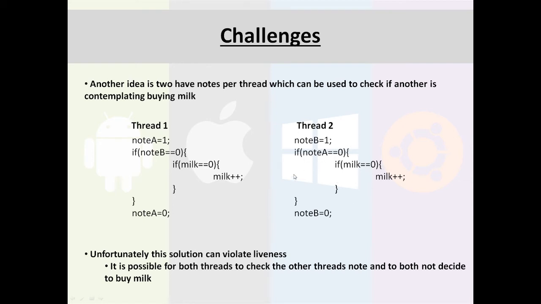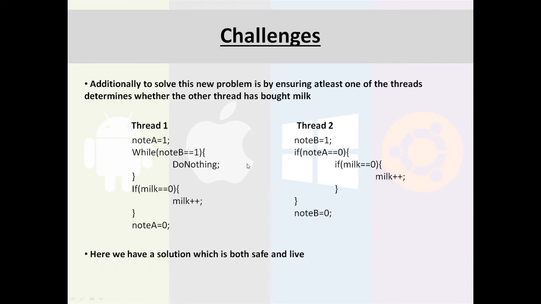But then, while he's contemplating this, thread 1 is rescheduled. Well, note B is still 1, so he won't do this either. So you can get a case where they're in a gridlock state, where both of them are thinking about it, but because they're both thinking about it, none of them do anything. Okay, so to solve this new problem, we need to do a slight modification.